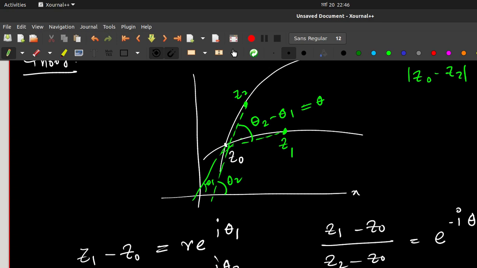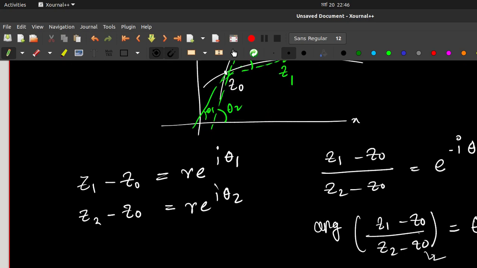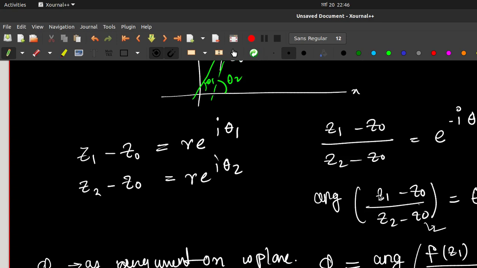So e to the power i theta would be z2 minus z0 over z1 minus z0, it would be the inverse. So 2 will become 1 over here. Similarly over here phi would be with z2, z0, and there will be a 1. So these are pretty small corrections. You can also do it the other way. All you will have is an extra minus in front.